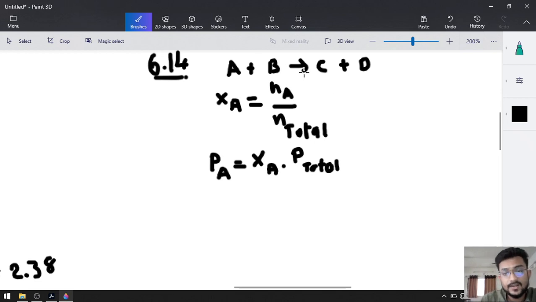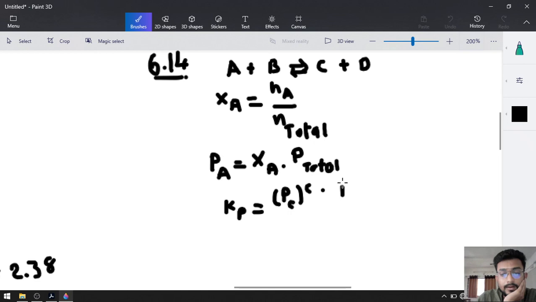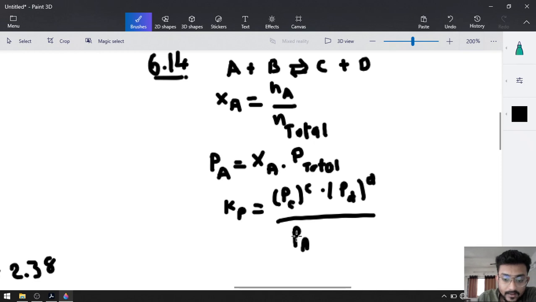And suppose this reaction is at equilibrium, so a reversible reaction will be there, and that's why they have used the formula of Kp. What is the formula of Kp? Pressure of product raised to the mole of product, divided by pressure of reagent raised to the mole of reagent.